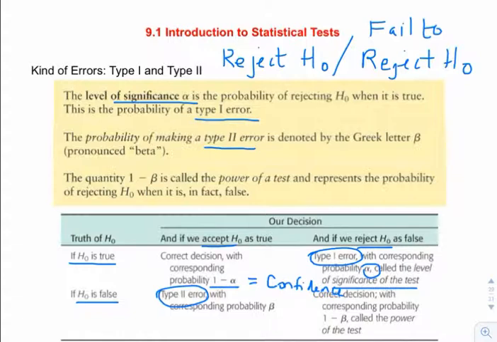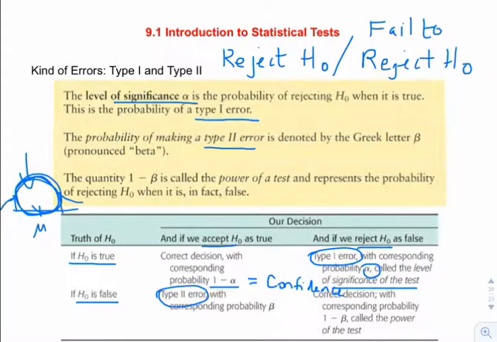So you have 1 minus alpha confidence that H naught is true. You are within that boundary. So remember, we're looking at the two tails. If you're confident that you are within the boundary here, you're confident that you're there.